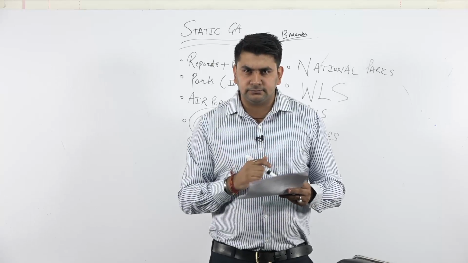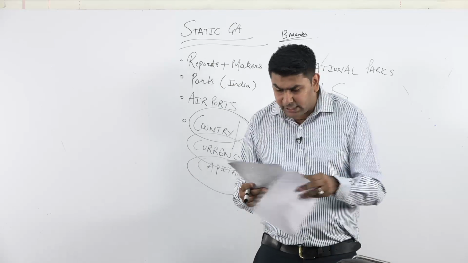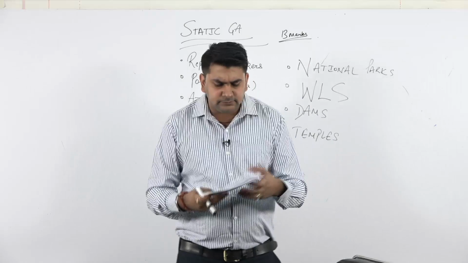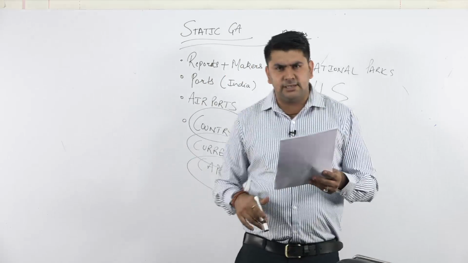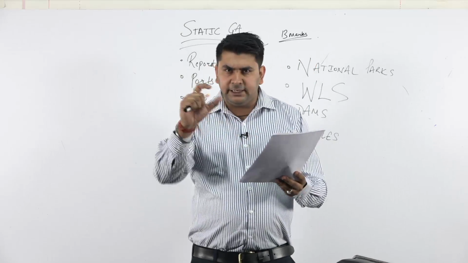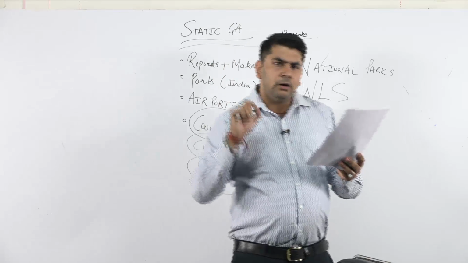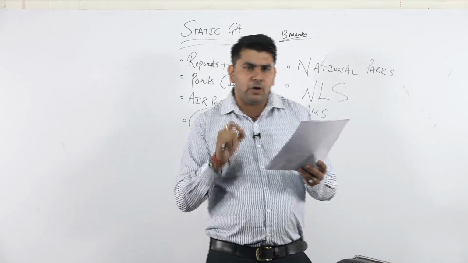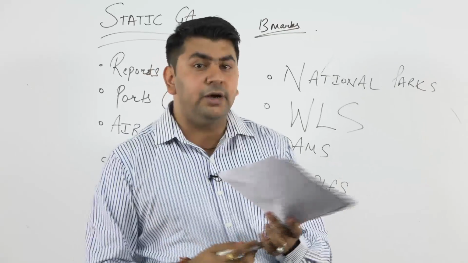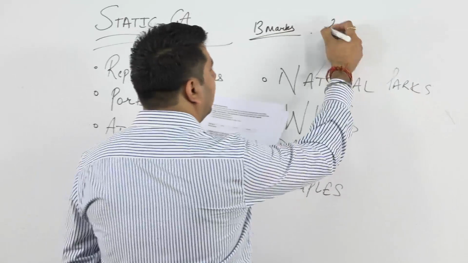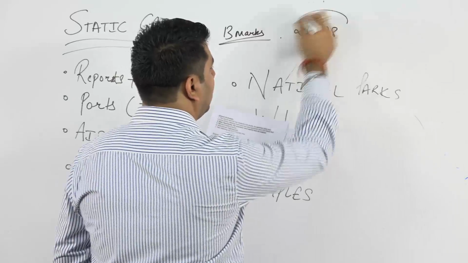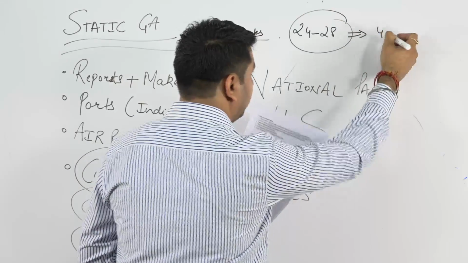Clear? Now, another important fact is that in our analysis of the database I mentioned in the morning video session, the number of good attempts last year was 24 to 28 out of 40.